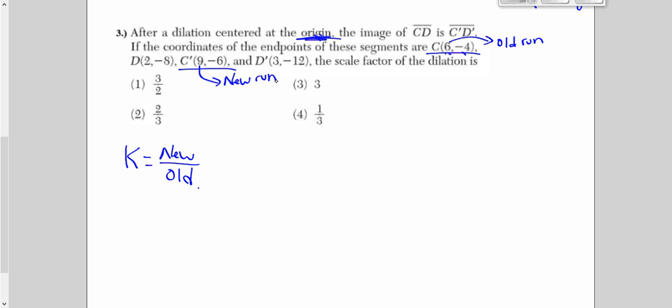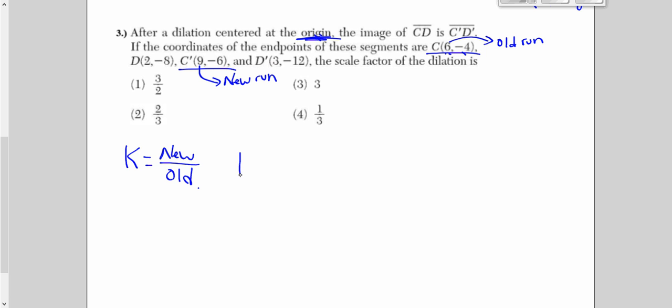The run measures this way. Guys with me? And k equals new over old. Did you even have to bother with the -6 and -4? Any single corresponding linear distance works. Like you can't do the new rise divided by the old run. You got that? So let's just do run over run.